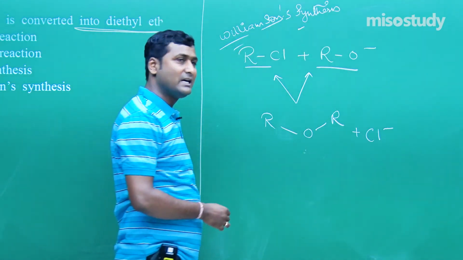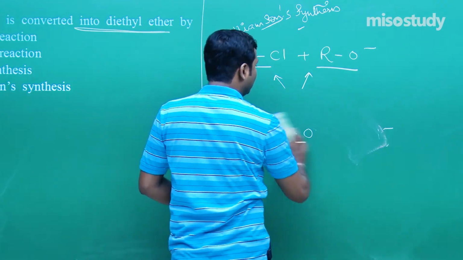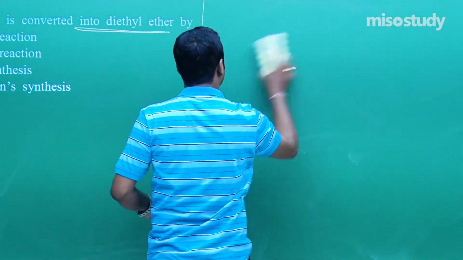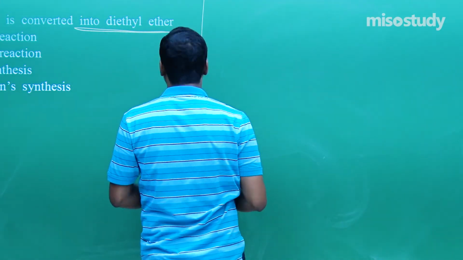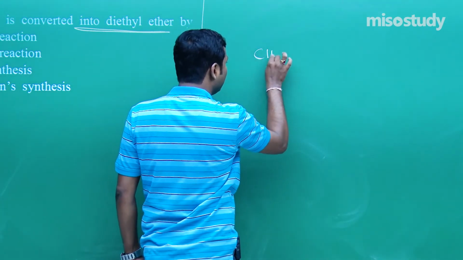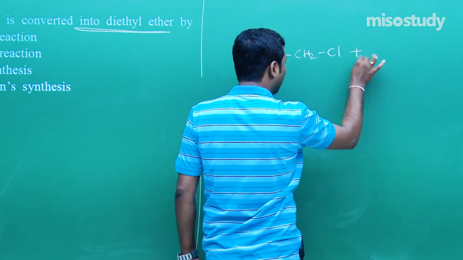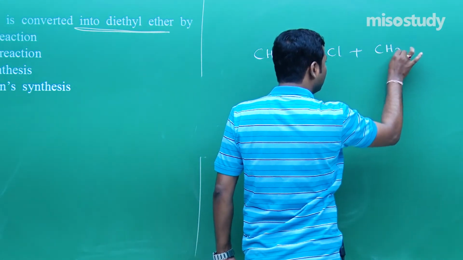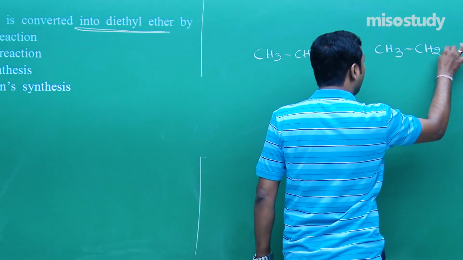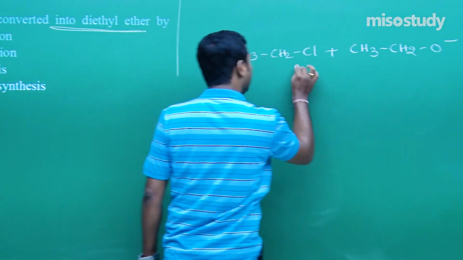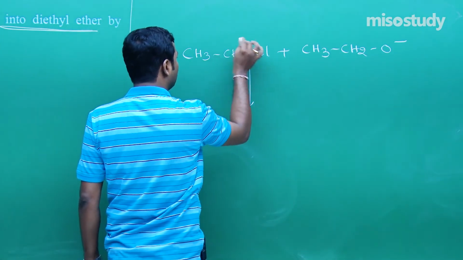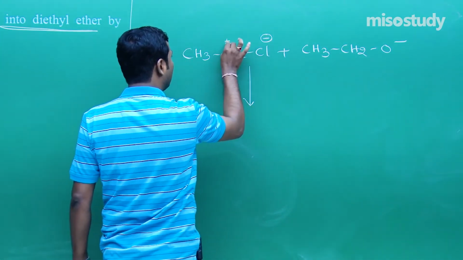Now complete the reaction. Listen carefully. Ethyl chloride, put here CH3CH2Cl and CH3CH2O minus. Now what will happen? It will break like this, minus and plus.